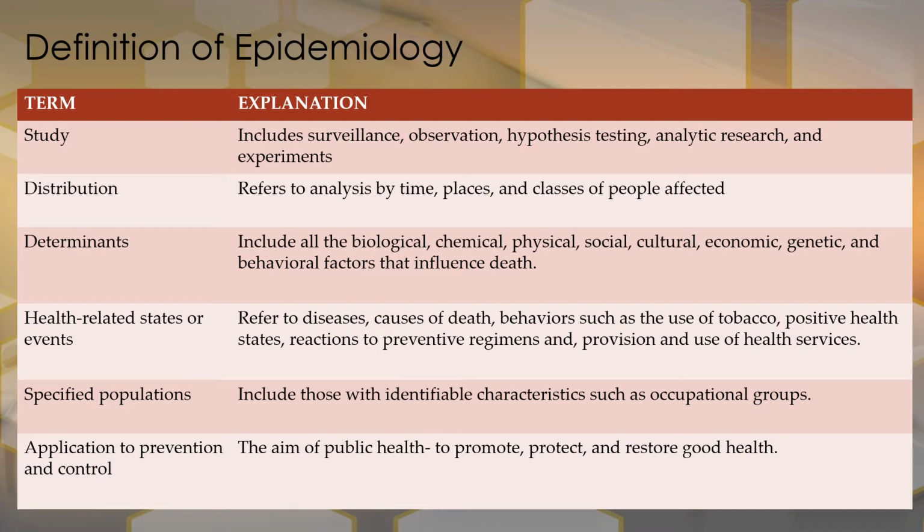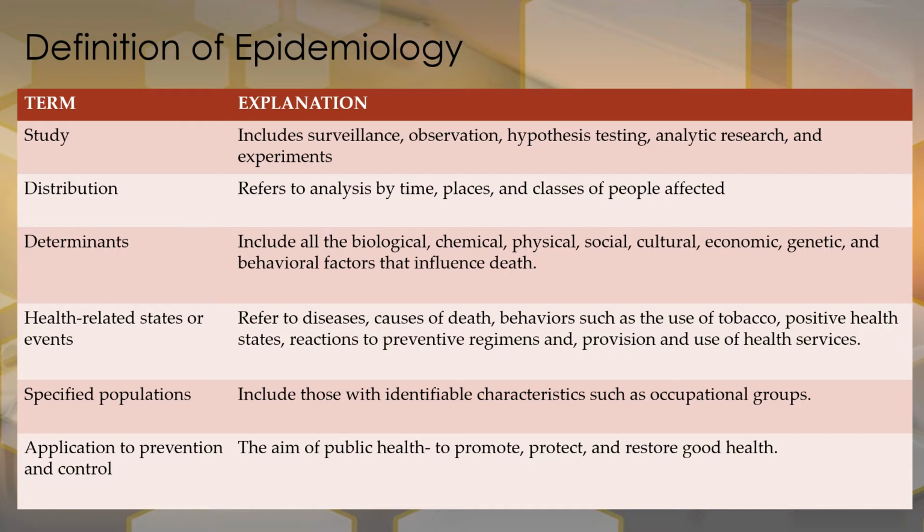So when we study epidemiology, we need to be familiar with several terms. When we say study, that includes everything about research and experiments, like surveillance, observation, hypothesis testing. When we say distribution, this refers to analysis by time, places, and classes of people affected.